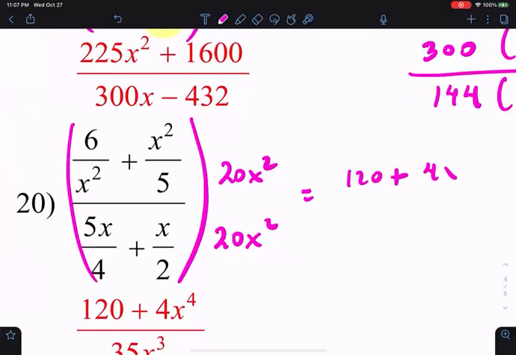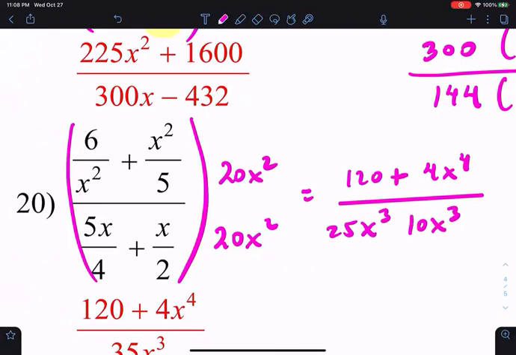That's going to be 4x to the 4. And then on the denominator, you simplify that: 20 divided by 4 is 5, 5 times 5, that's 25x cubed. And then here you get 20 divided by 2 is 10. 10x times x squared, that's 10x cubed, right? And this is a plus here.